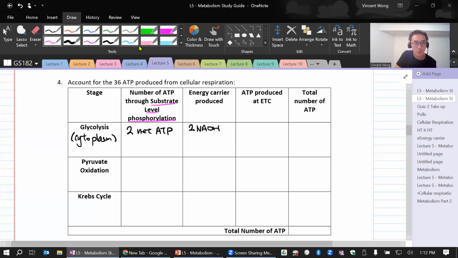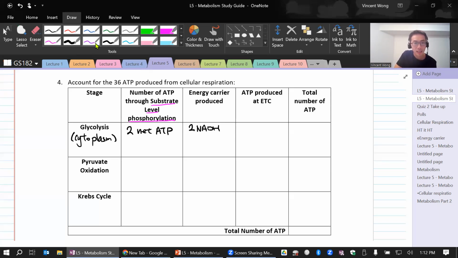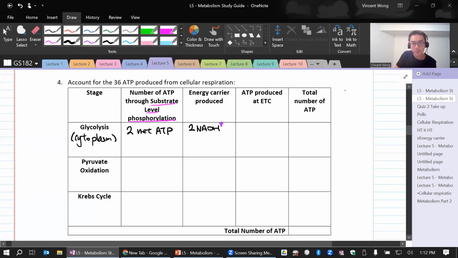Now, there is a bit of a problem here. There's always a bit of a problem, isn't there? I'm going to put a star here. These are produced in the cytoplasm.